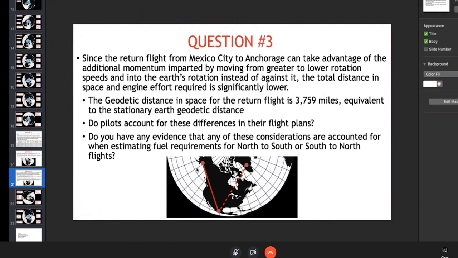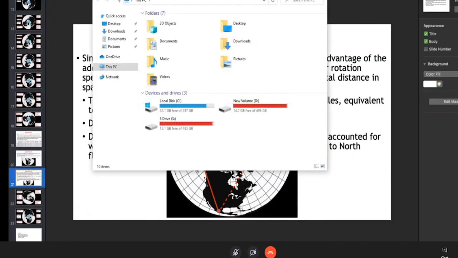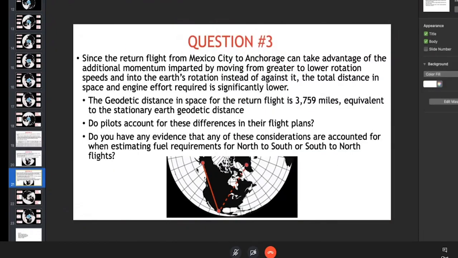It's essentially a crosswind that is required, or a cross momentum that's required in order for you to catch up or slow down to the Earth.